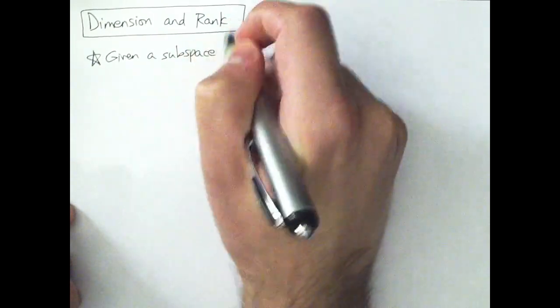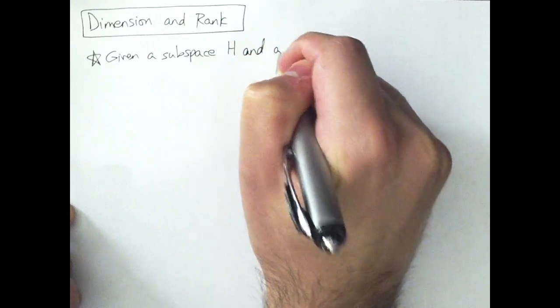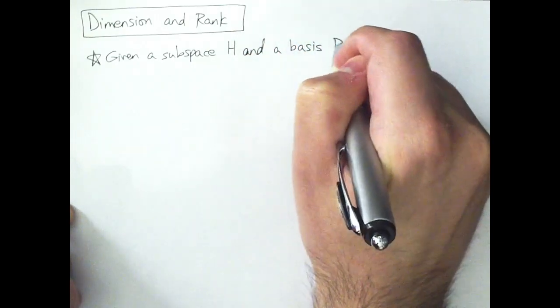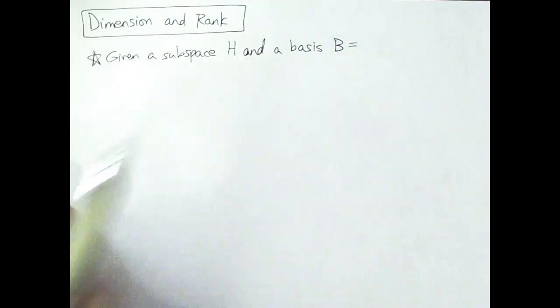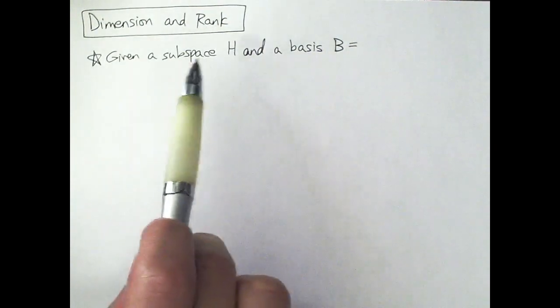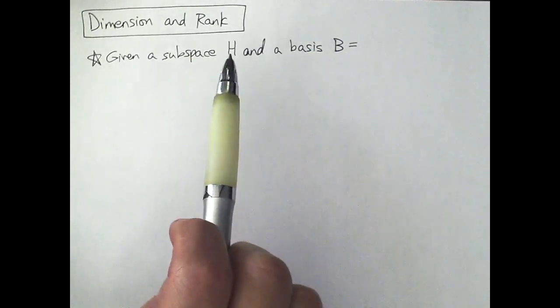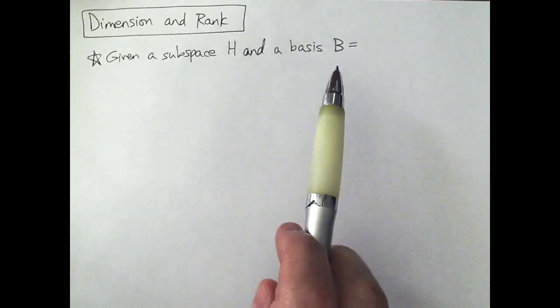And we're going to call it H, and a basis, which we will call B. So remember, what is B? The subspace H is a subspace of Rn, it's kind of implied by our discussions so far. And what is a basis?